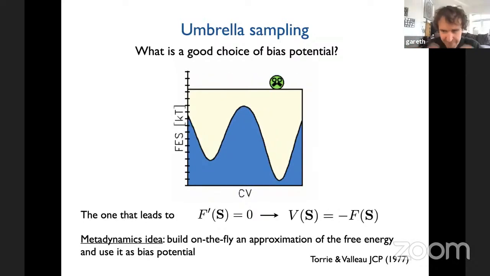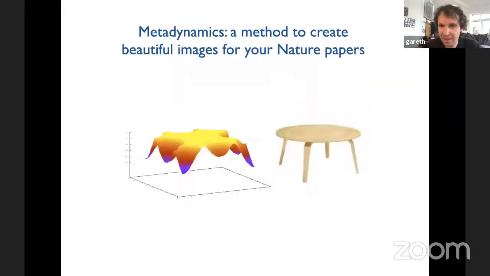Okay, and then we can get out these free energies, and we can start to make these nice pictures to put in papers and to be able to say something about the behavior of these physical systems. Great. So why do we do this metadynamics? What's it for? Well, it creates beautiful images for the Nature papers, particularly if you do it in 2 dimensions.